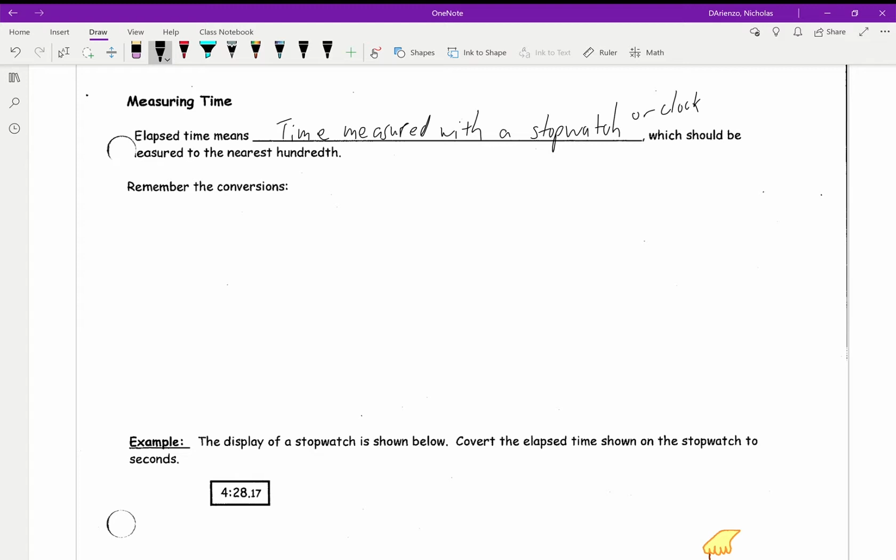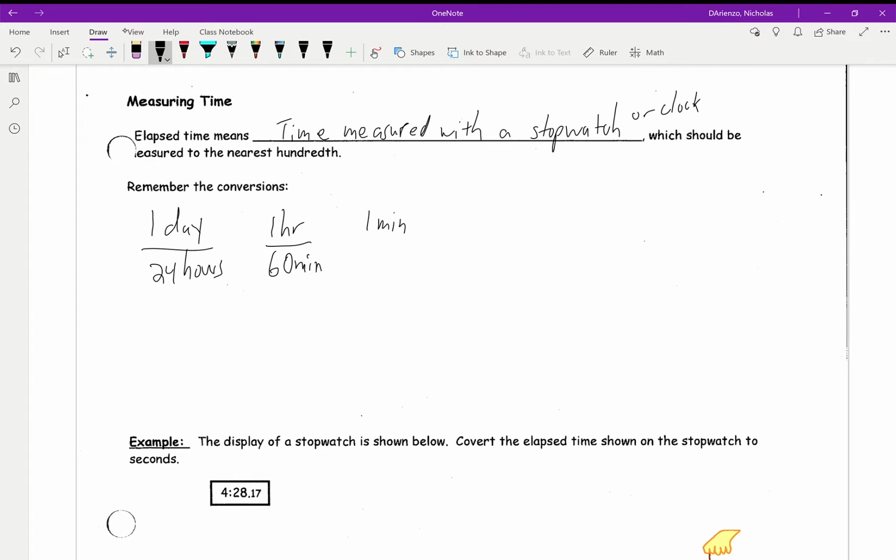Now, a couple conversions that you are just going to need to know, and I'll set this up with fractions, because we're ultimately going to use this with dimensional analysis. In one day, there are 24 hours. In 1 hour, there are 60 minutes.